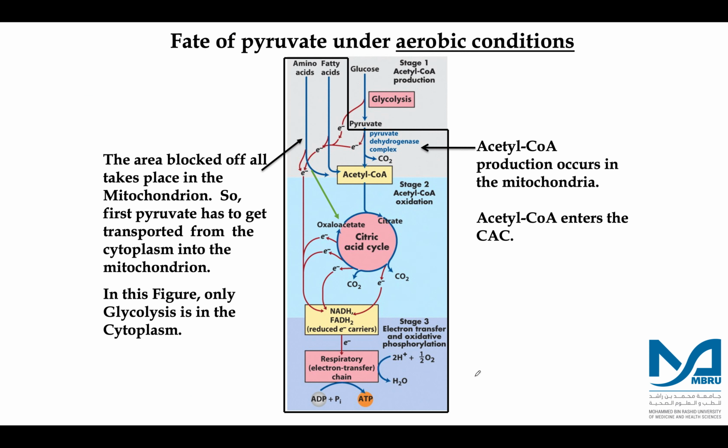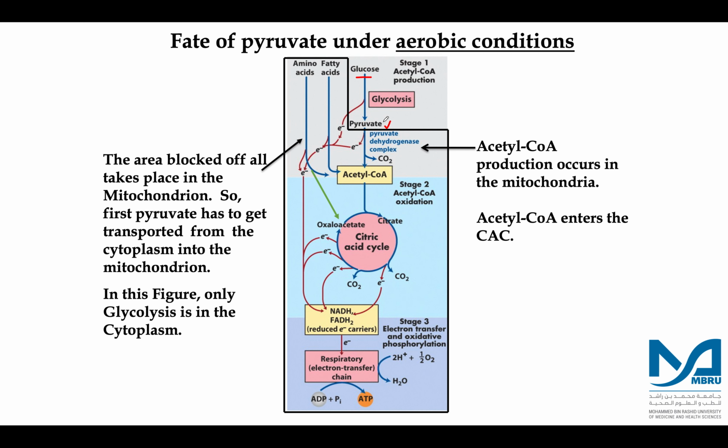So, as I mentioned in the first slide, TCA cycle occurs only under aerobic conditions. Now, we have already looked at the conversion of glucose to pyruvate, and under anaerobic situations, or in a cell that lacks mitochondria, pyruvate will be converted to lactic acid.